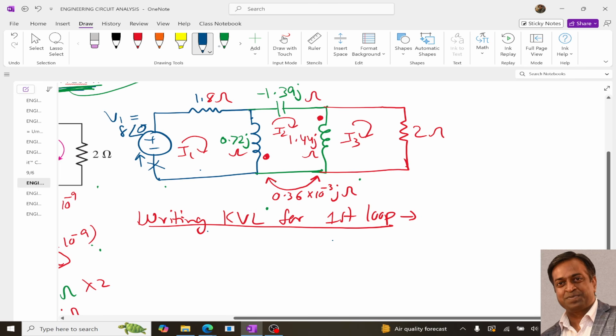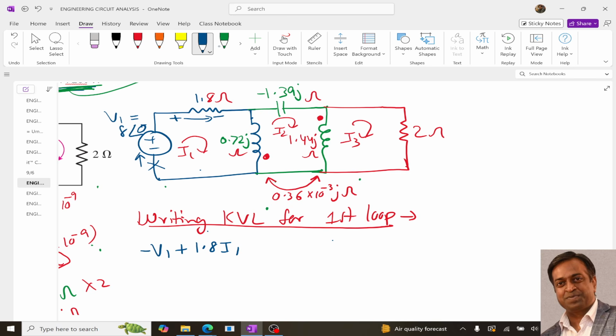So it is minus V1, second, plus 1.8 I1, and then we come to this inductor. Let the voltage over here be VL1, plus VL1 equal to 0.